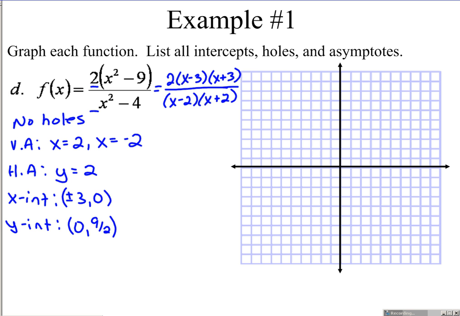Graph the information that we have. X equals 2 and x equals negative 2. Y equals 2. We have x-intercepts at 3, 0 and negative 3, 0. We have a y-intercept at 0, 4.5.